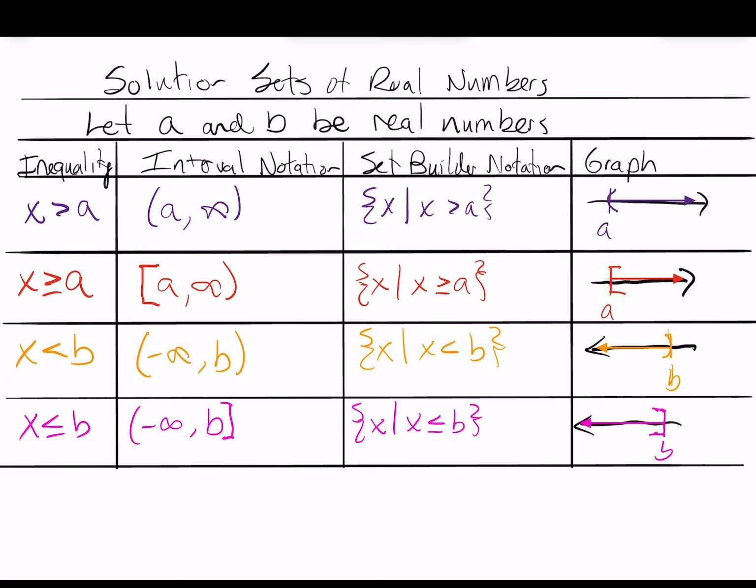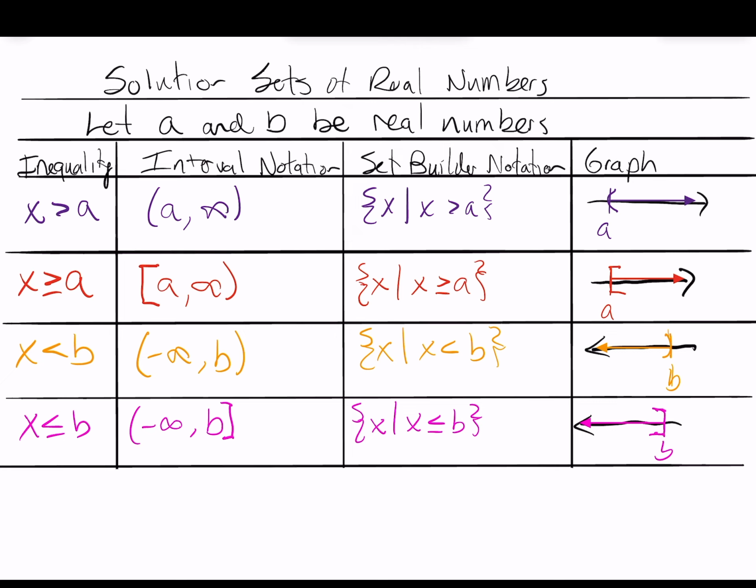On the other hand, if we have x less than a number, like x less than b, our farthest right point is b, and it extends indefinitely to the left to negative infinity. Set builder notation, we just again put the inequality inside. And for the graph, notice we have a parenthesis and it extends to the left indefinitely.